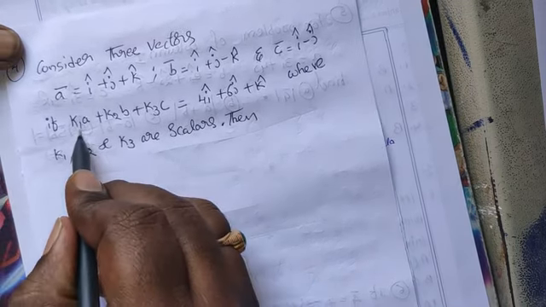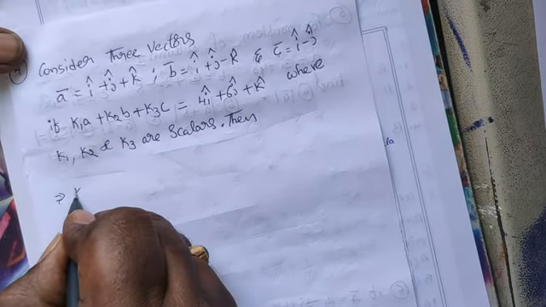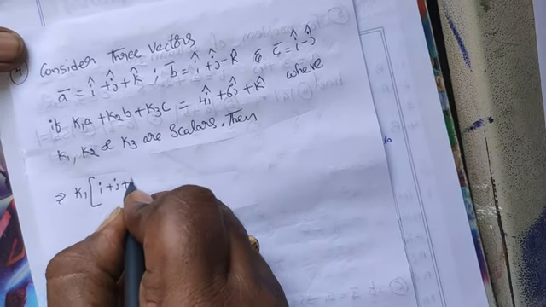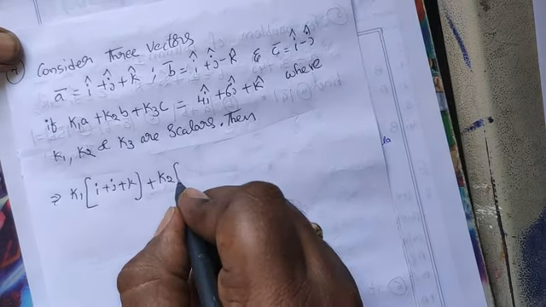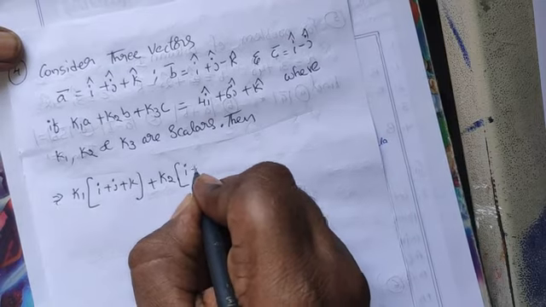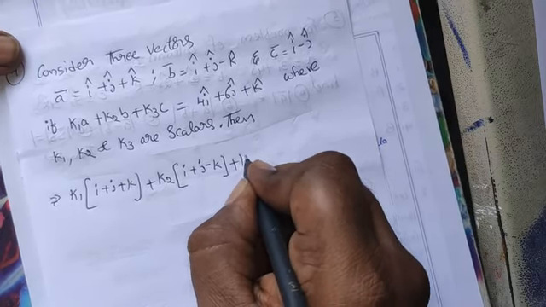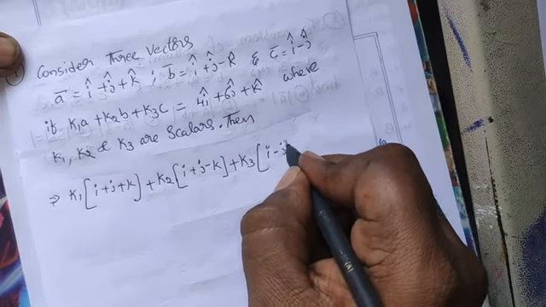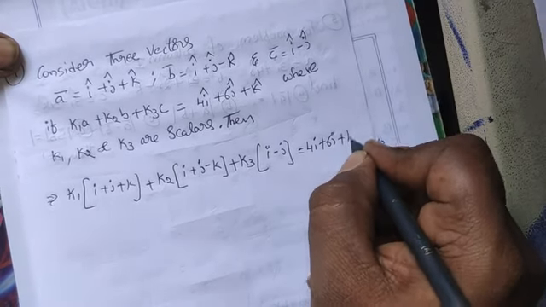See here, first substitute in the place of A, B, C. I am substituting now. First k1 of A is i plus j plus k, plus k2 of B is i plus j minus k, plus k3 of C is i minus j, equal to 4i plus 6j plus k.